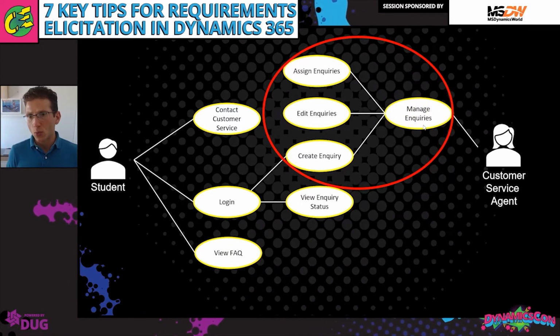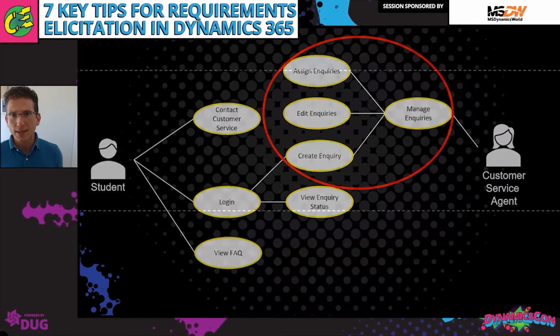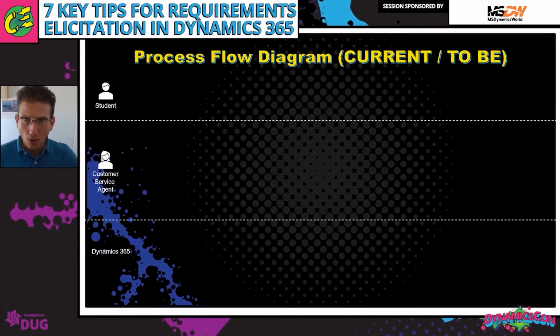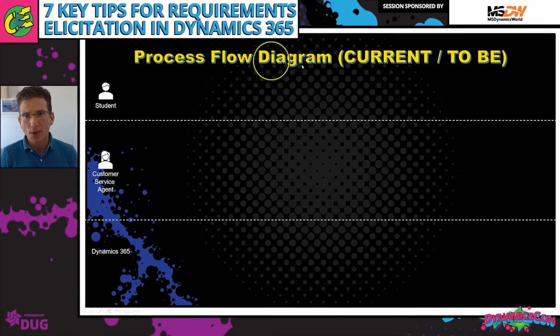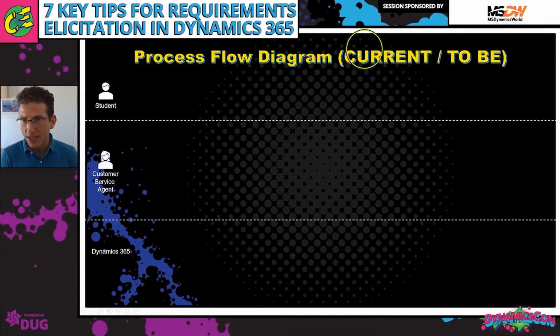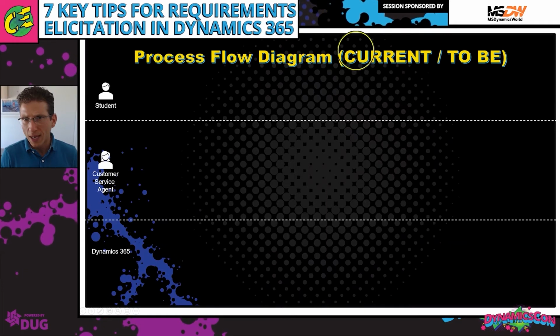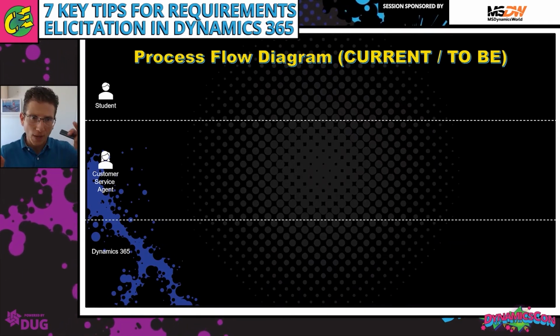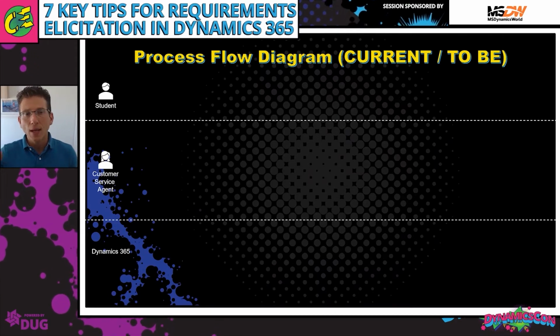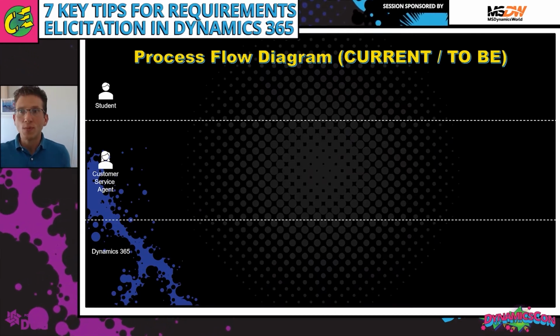And this is where we went to the next diagram, still on a whiteboard, where we drafted the process flow diagram of the current state, right? Sometimes there is a bit of confusion when you draft process flow diagrams. You have to remember there is a process flow for the current state, and then you can have a process flow diagram for a to-be state.